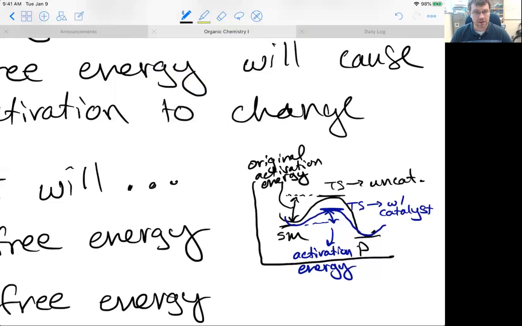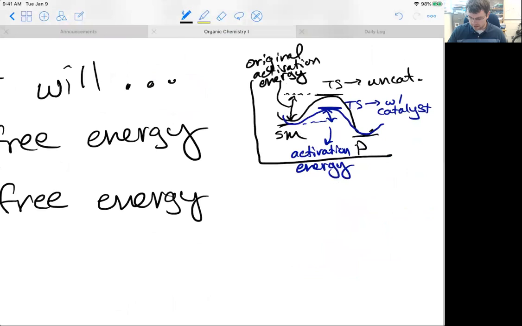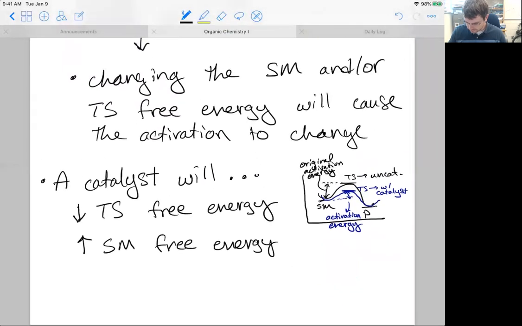When we added the catalyst, we decreased the transition state energy in this particular example, and that decreased the activation energy because the starting material remained the same. And so now the difference in energy, because that transition state was lower in energy, is now smaller. And so the activation energy, which is equal to that difference in energy, is smaller. And so the reaction is faster because the activation energy, recall, is that barrier for a reaction to occur.